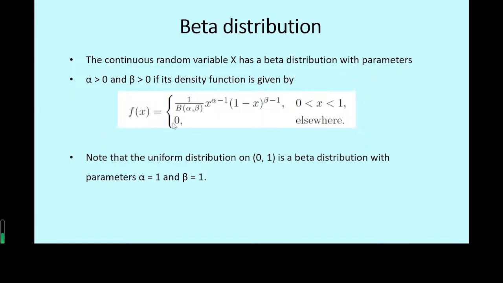For other x values, its density is 0. So the beta is only available for a random variable between 0 and 1. And note that the uniform distribution we have learned, for example, uniform between 0 and 1, is a beta distribution with parameters alpha equals 1, beta equals 1.